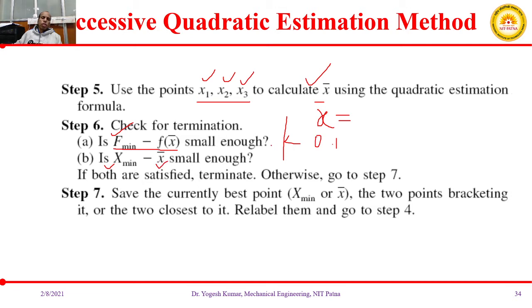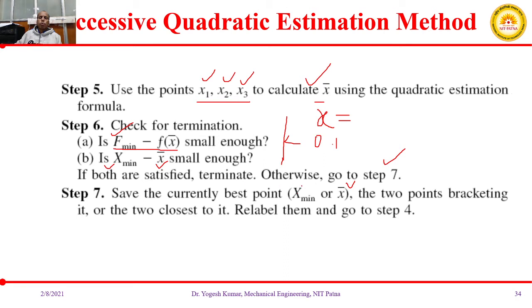Okay, so if these given termination conditions are satisfied, you can stop your algorithm, or these steps, and you can take whichever of x minima or x bar has the least value as your best possible solution.